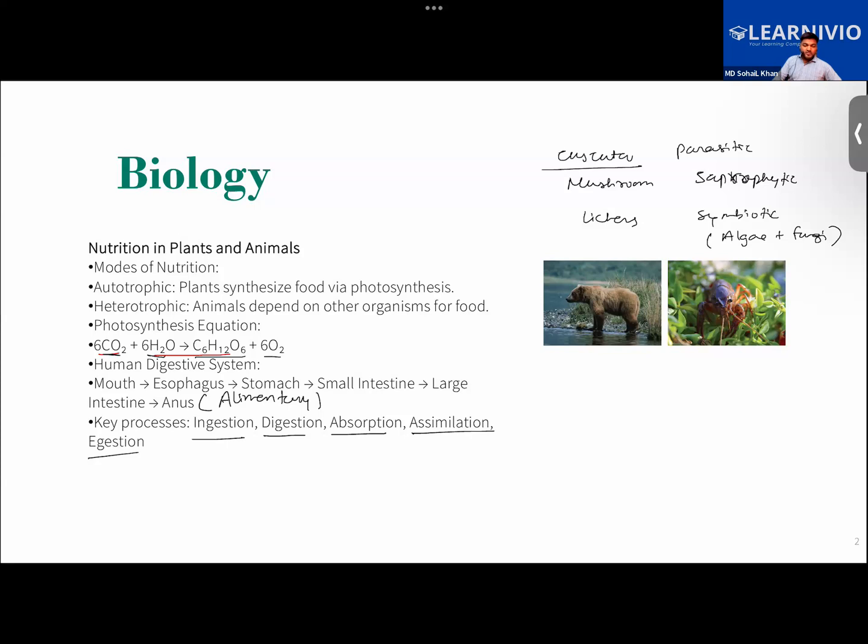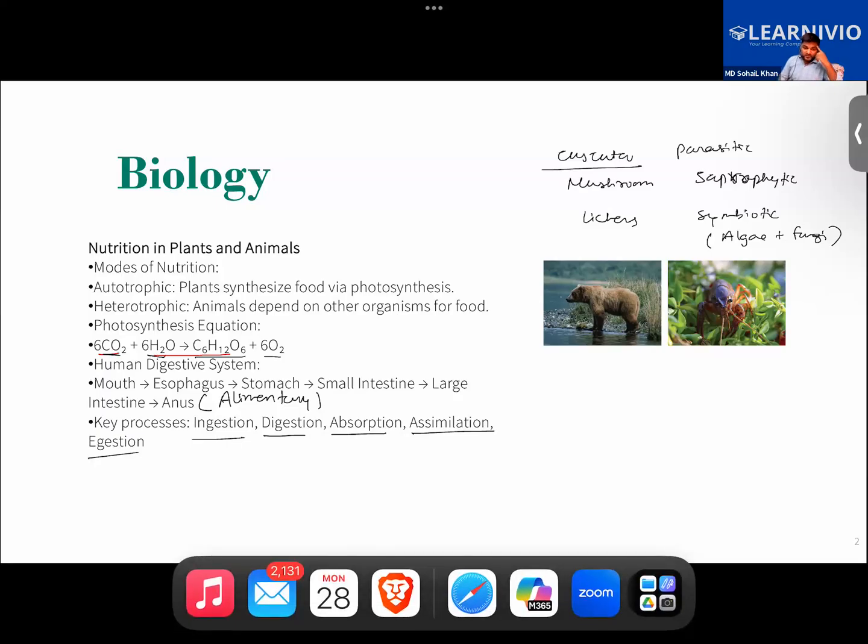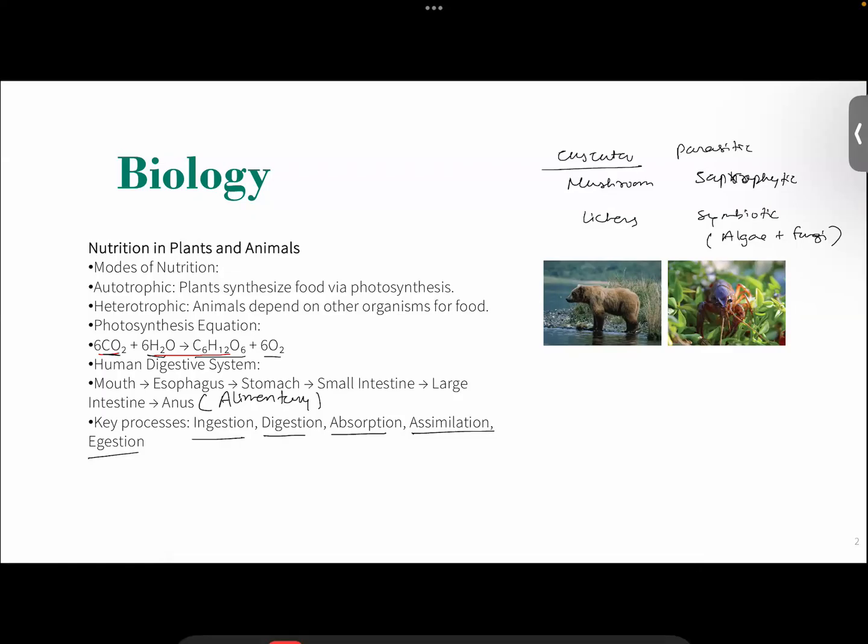Sir, your screen is not visible. Actually, I am sharing my screen, but due to the network issue, I think my screen is not visible to you. If I turn my camera off, maybe less data will be utilized and you can see it. Now can you see the screen?